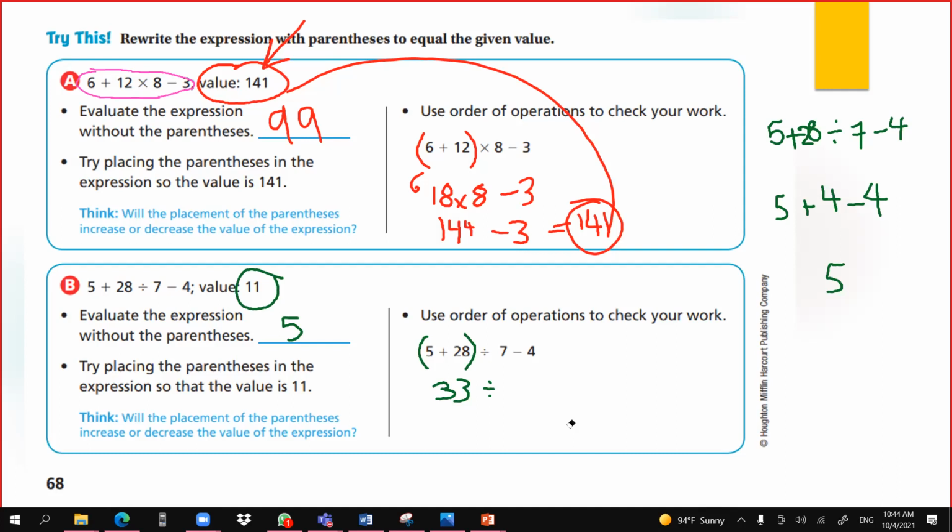Think about it. I need 33 divided by 3 to get 11. The first one gives us 33. If you go by the order, you must divide first by 7, but I need to divide by 3. I want you to tell me how can I get to 3 from this one.